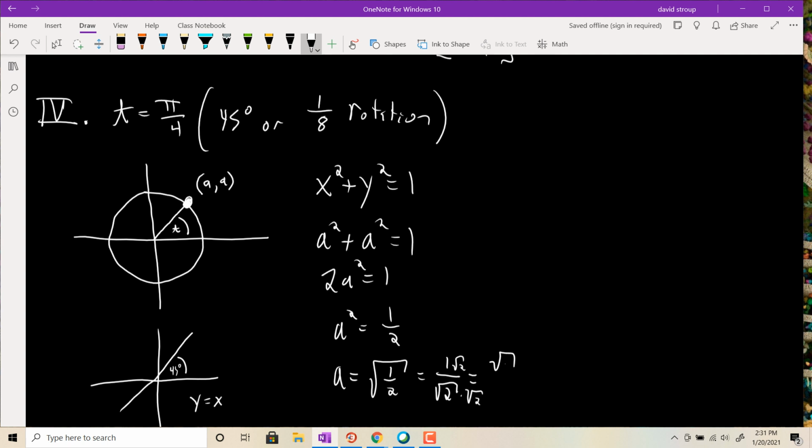And you end up with root 2 over 2. So the coordinate of that point is going to be root 2 over 2, comma root 2 over 2. And then we can use that to figure out the sine of pi over 4, the cosine of pi over 4, etc.